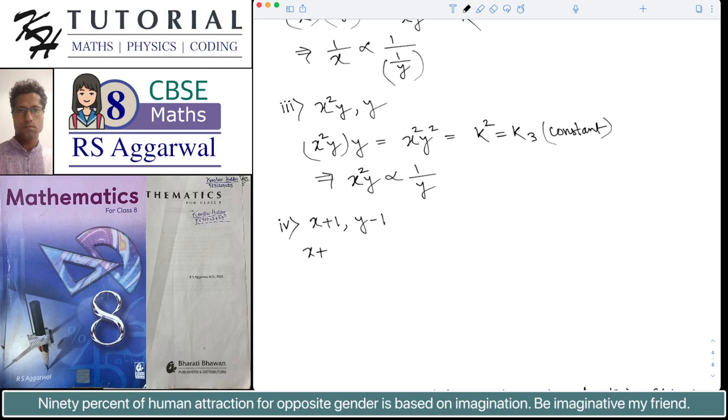So we find the product, which is equal to xy plus y minus x minus 1. Now this is equal to k plus y minus x minus 1. So definitely this is not a constant, because this expression contains the quantities x and y, so not a constant.